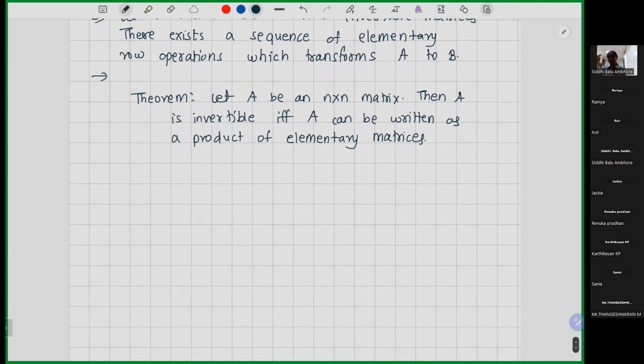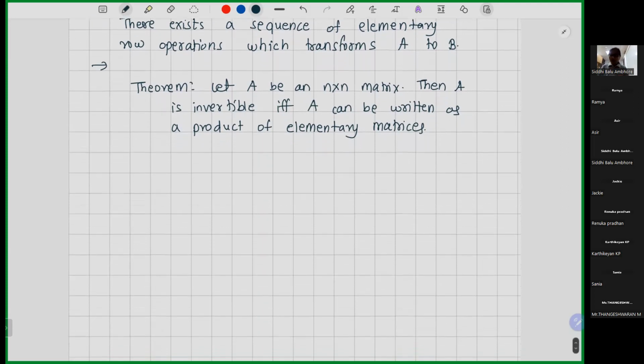Okay, so already we have one guess that it is true. And as Jackie suggested, it is true. We will try to prove this, or give an expression for how we can convert A to B. It is given that A is invertible, so I can write it in terms of a product of elementary matrices.